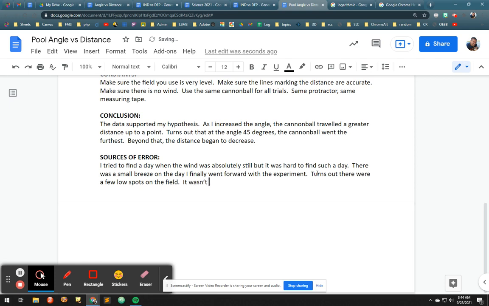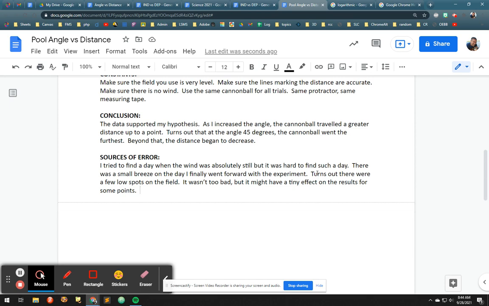It wasn't too bad, but it might have a tiny effect on the results for some points. And that's true, because all these sources of error are probably just going to be small, tiny effects. Otherwise, you'd probably just redo it somewhere else, find a better place to do your experiment.